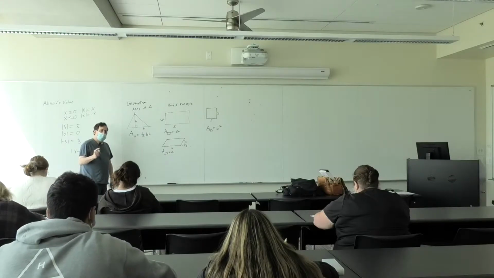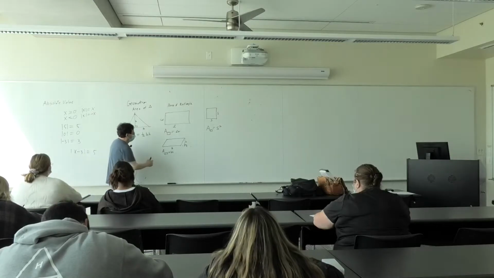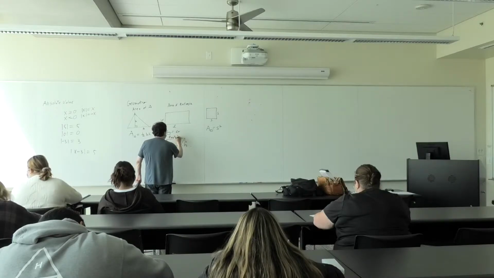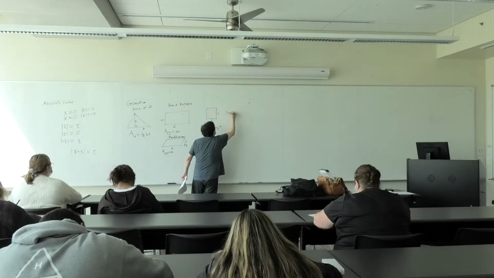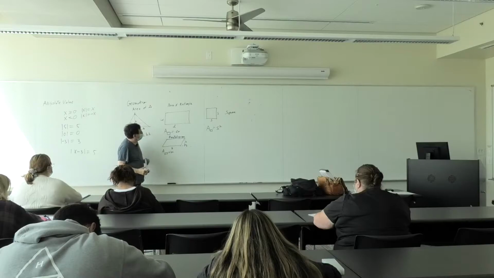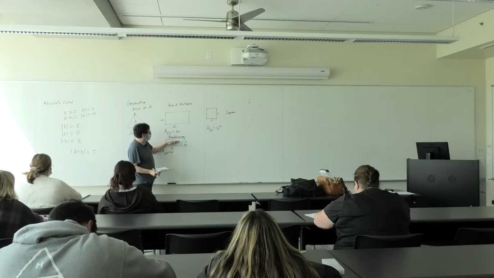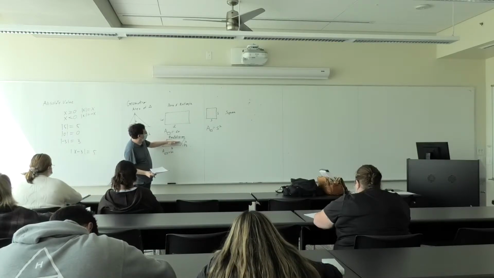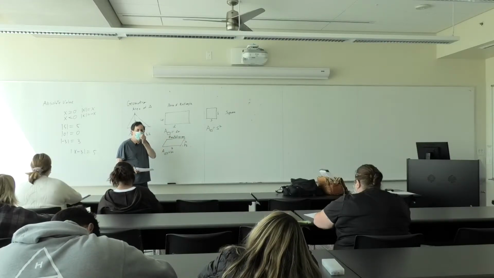Does anyone know what we call the four-sided object that's both a parallelogram and a square? Well, no, that's not right. That's wrong. What I mean to say is, does anyone remember the name of the four-sided object that's a parallelogram where all four sides are the same?